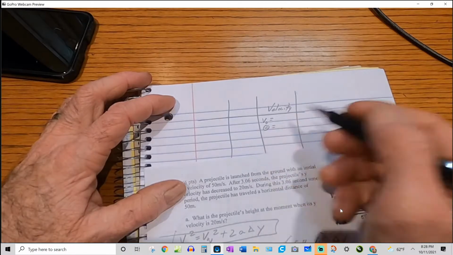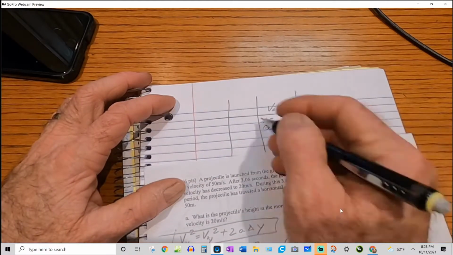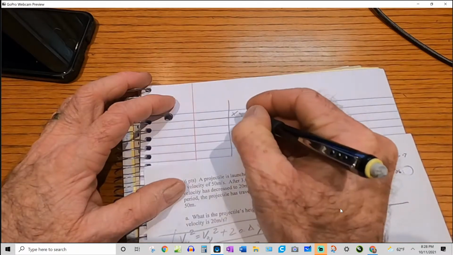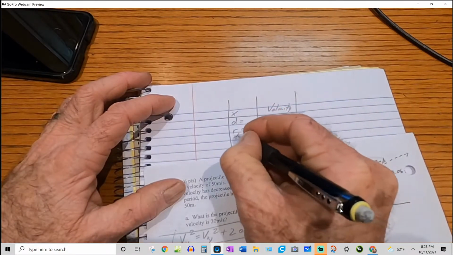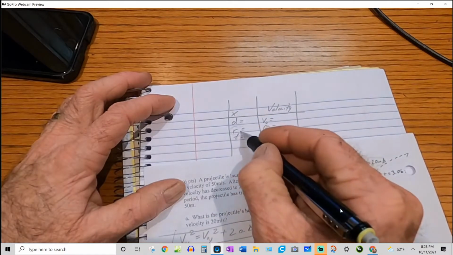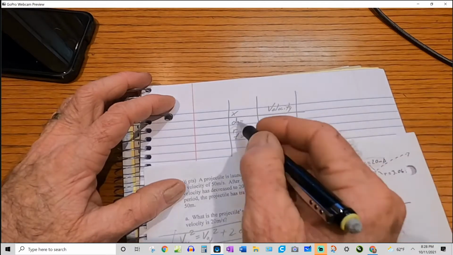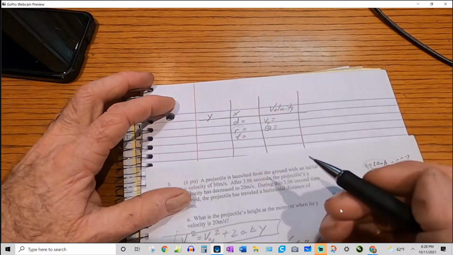I could also have V, but let me just put V0 and theta in there. The x dimension stuff, I'll just write d, r, t, with an understanding that r is the x velocity and d is the x displacement. But it's nice and simple looking this way.